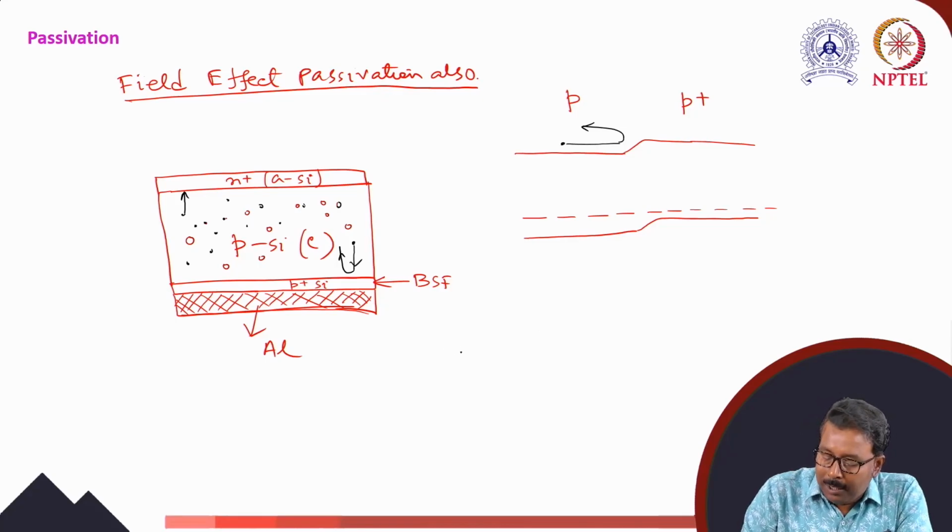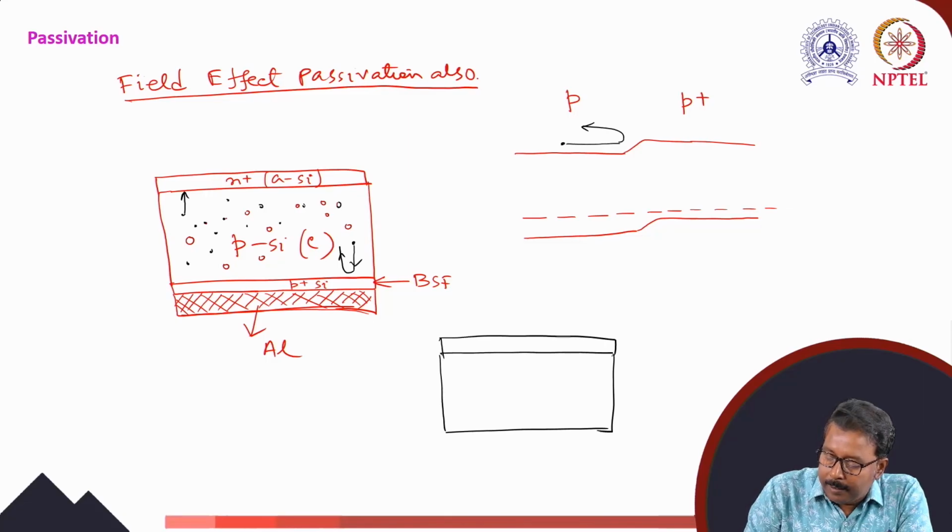Suppose you have now a new structure I am drawing. Here you have P silicon, crystalline absorber layer, and in the back side, suppose you are putting some aluminum oxide.